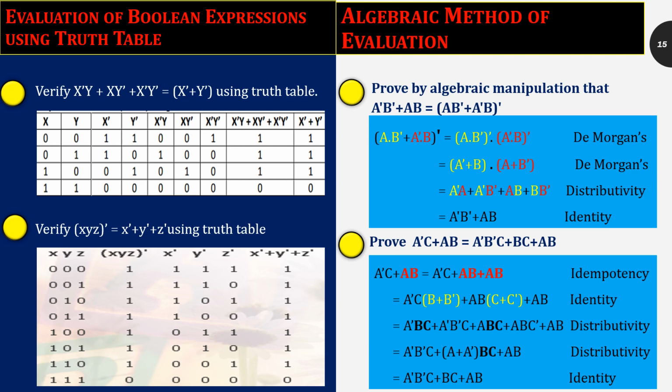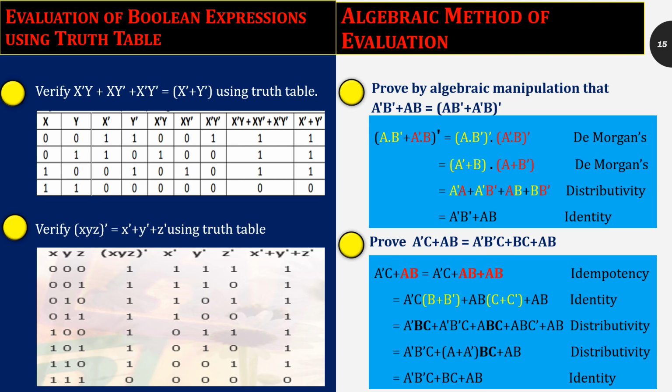We find the values of x bar and y, then perform x bar into y. So 1 into 0 is 0, 1 into 1 is 1, 0 into 0 is 0, and 0 into 1 is 0. So we got the values of x bar y. Similarly, we find the values for x y bar and x bar y bar.